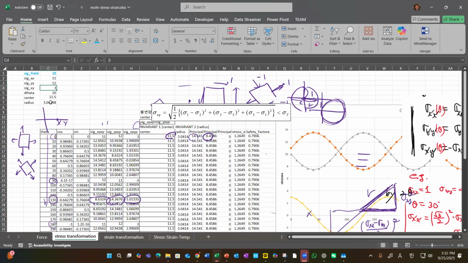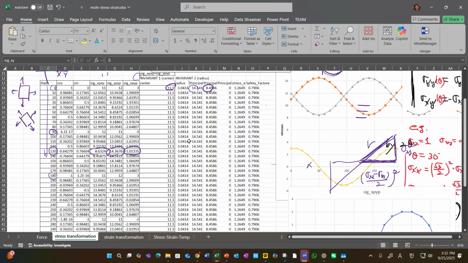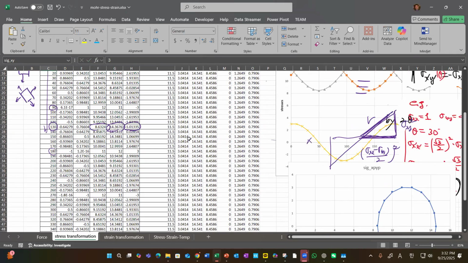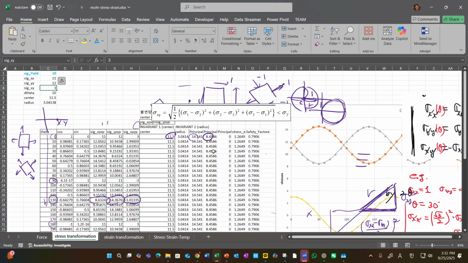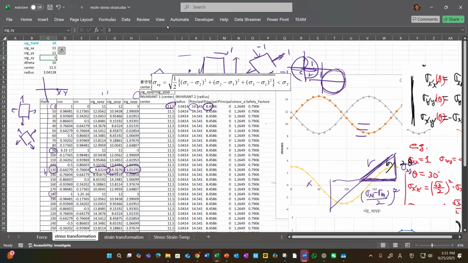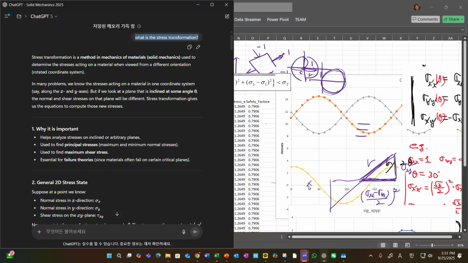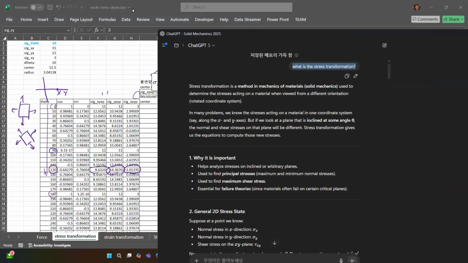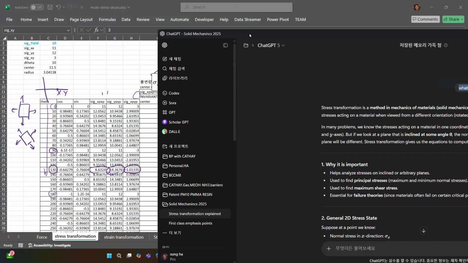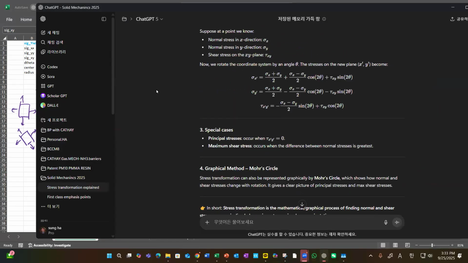As an engineer, we need to understand the theory, understand the concept, and at the same time, we need to use these kinds of tools, right? So everything is okay. Now let's get back to it. I didn't try yet, but let's try what it can do for us.